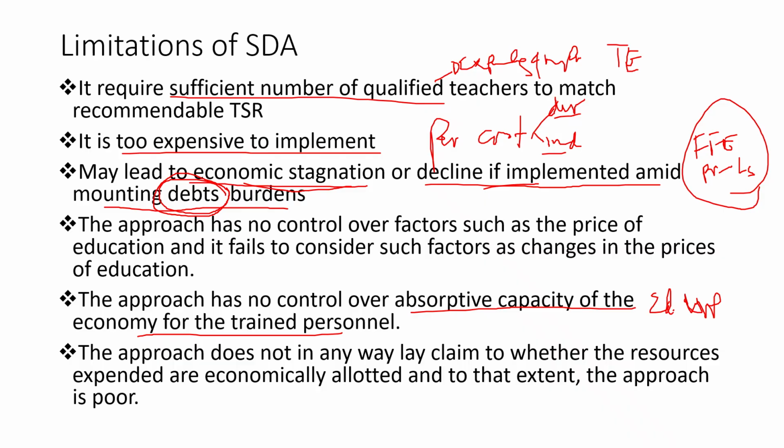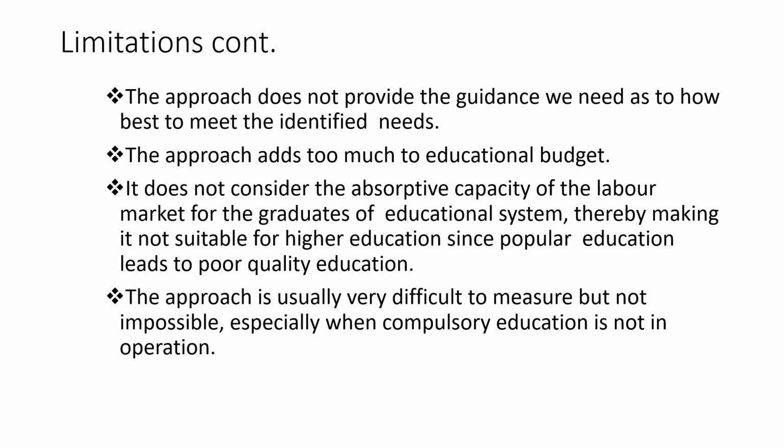Lastly, the approach does not in any way lay claim to whether the resources expended are economically allocated, and therefore it is poor because there's no surety of the return on what you're investing. You meet one part of the advantage, but the rest cannot be assured.